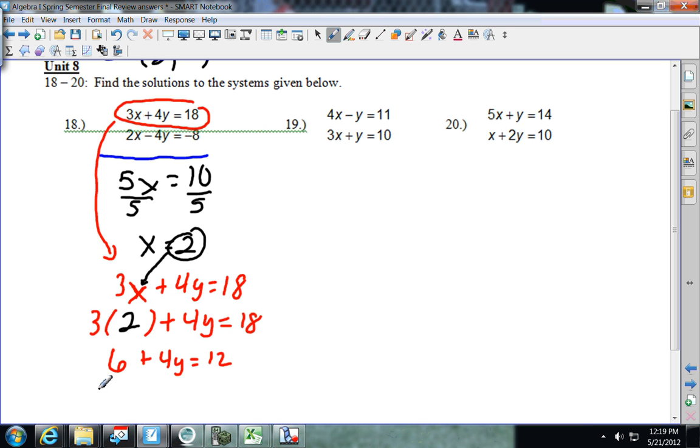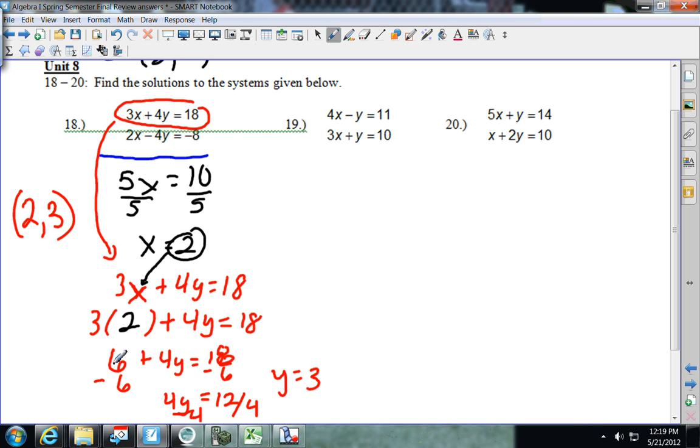You solve this like a normal problem where we subtract 6 from each side. 4y, oh, I don't know why I put 12. That's an 18 right there. There we go. 4y equals 12. Divide by 4. Y equals 3. So your solution is (2, 3). That's where the two lines intersect.